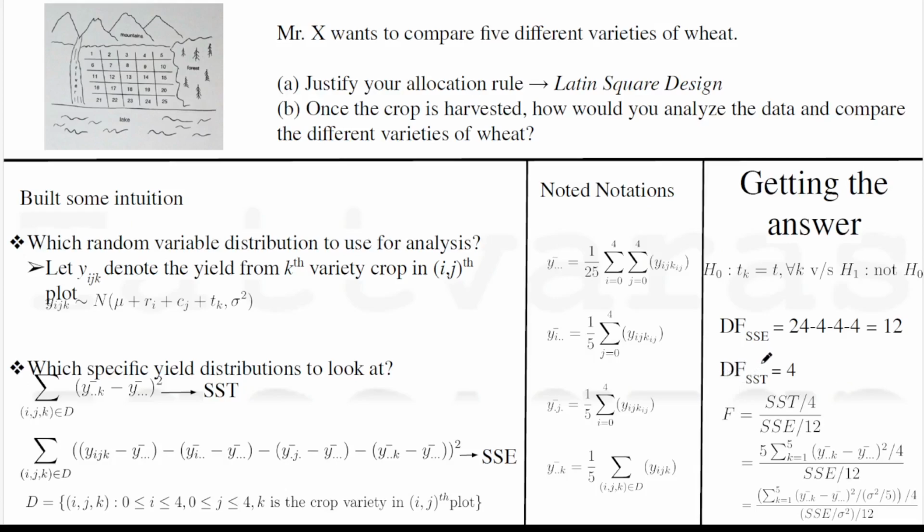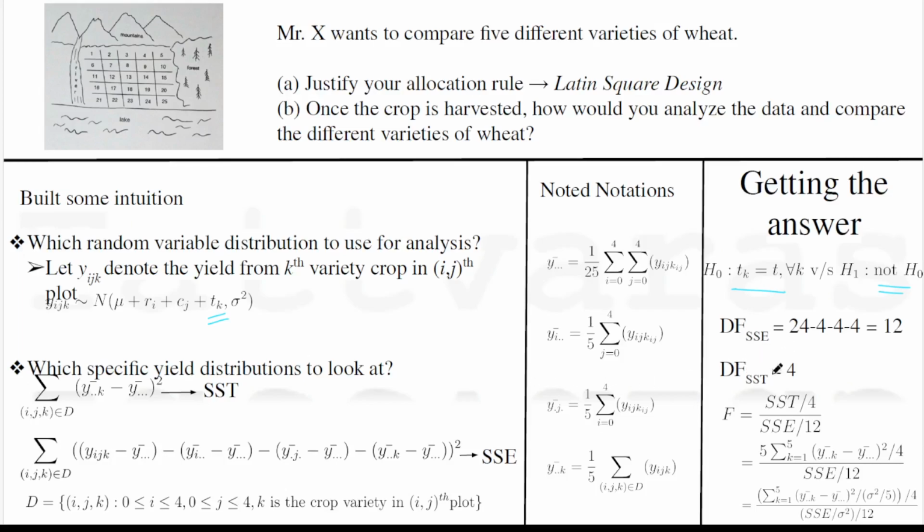So our hypothesis of interest is going to be checking whether all the treatment effects are the same. And the alternate is not this, which means there are at least two treatment effects that differ. And the way we have to compute the statistic, you may know it's going to be an F distribution, but how so?